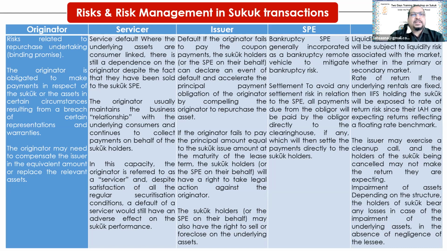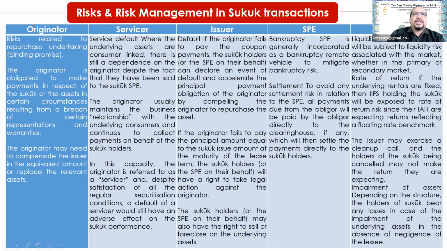There are some risks pertaining to the originator, the servicer, and the issuer, and keep in mind the originator, the servicer, and the issuer could be the same person, the same entity. And the SPV, or SPE, is also established by the issuer and the holder of the sukuk.